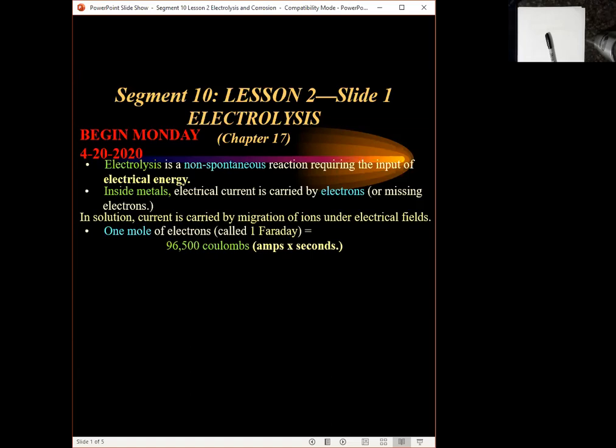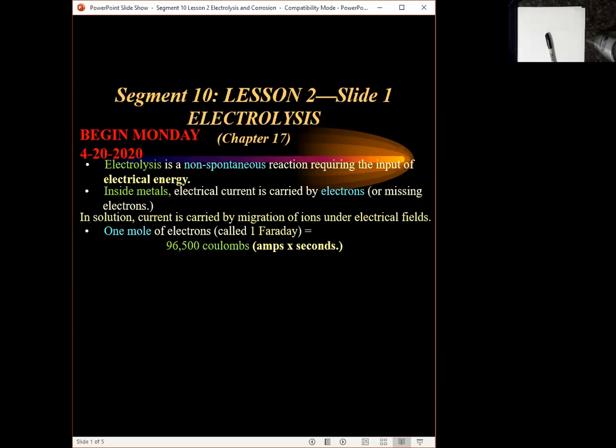Now, we're going to count electrons the way we counted matter. We counted atoms by looking at Avogadro's number, and that was a mole. And a mole of electrons is 96,500 coulombs. Now, you do have to get these units together. A coulomb is amps times seconds.